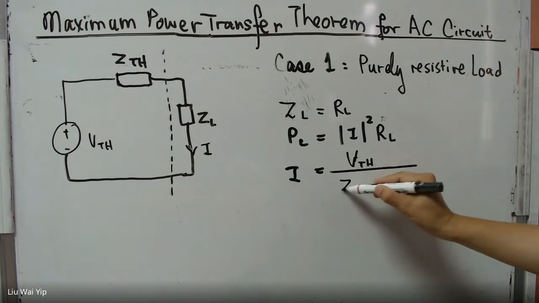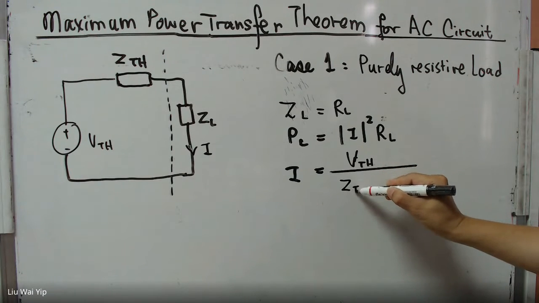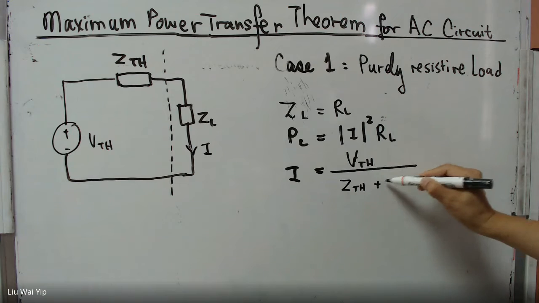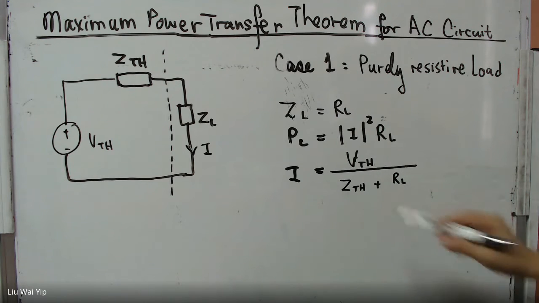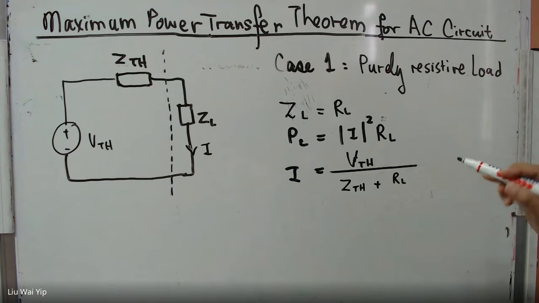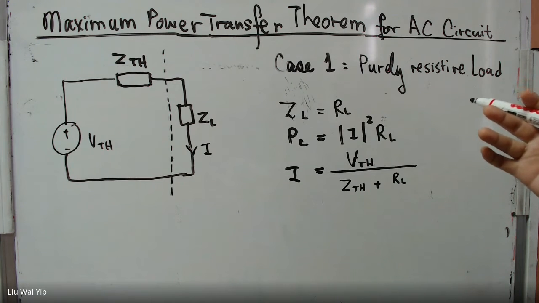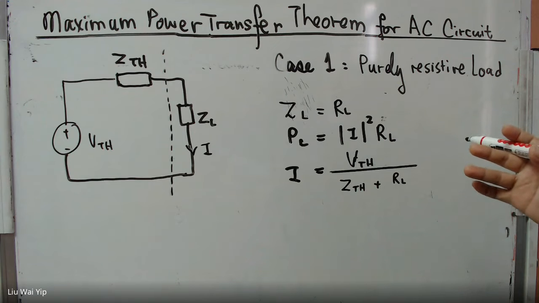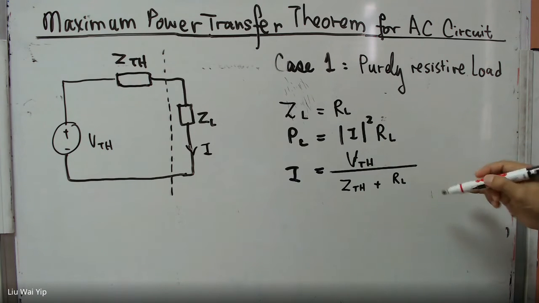ZTH plus RL. In this case, ZTH is the Thevenin impedance, which basically includes the resistive part and also the imaginary reactance.